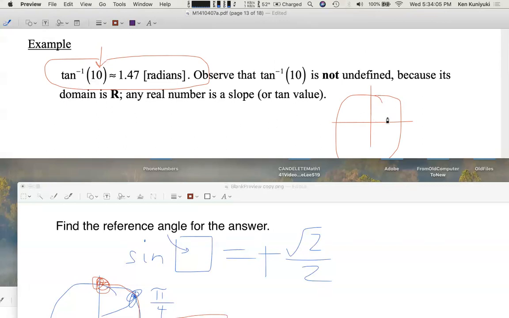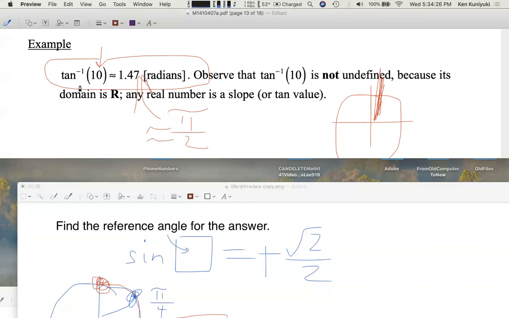All right, now we want an acute angle in this case that corresponds to a slope of 10. So it's going to be a pretty steep angle. That's why 1.47, the approximate answer, is pretty close to pi over 2, which is about 1.5 to 1.6.